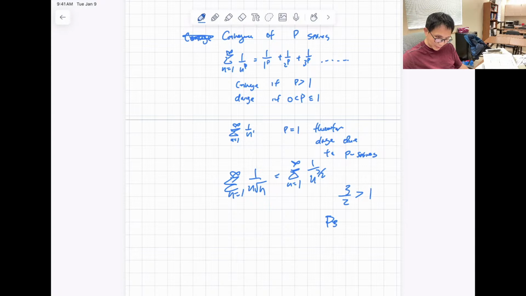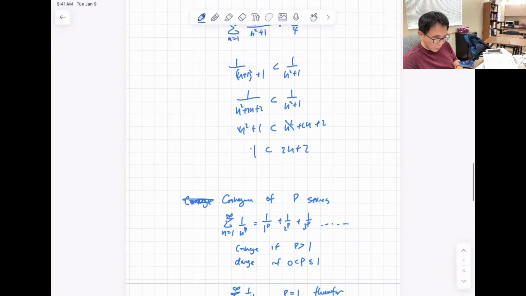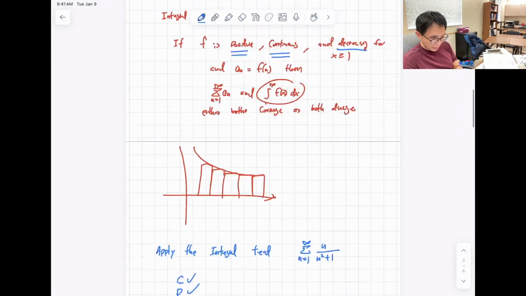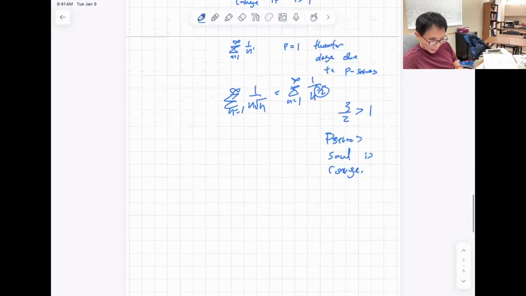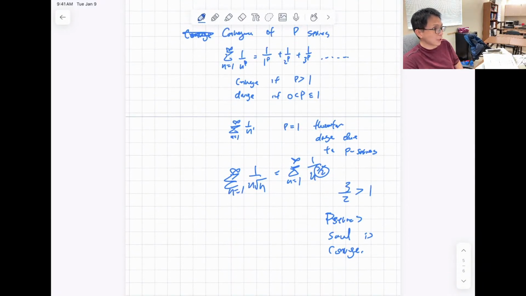The p-series test says it converges. But how do we find where it converges to? We don't. We cannot find the sum, but we can just say it converges or diverges. The only ones where you can find a sum are telescoping or geometric series. For p-series, you cannot find a sum. You just say, yep, it converges, done. Move on. Next question.